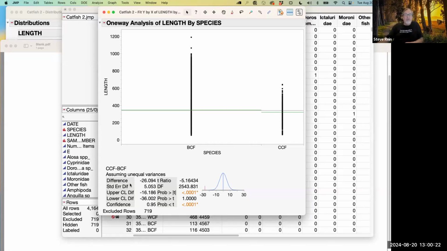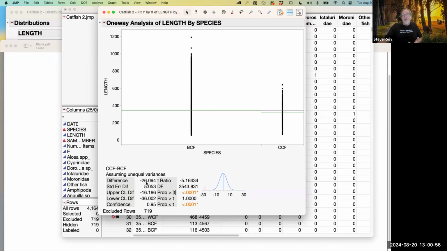But notice the CL, the confidence limits, upper and lower. I'm 95% sure that these channel catfish that are smaller are 16 to 36 millimeters smaller on average. So literally, we're comparing the two population means. Here's your estimate of the difference of the two population means, 26 millimeters, with a margin of error of plus or minus, well, like 10 millimeters, a centimeter.